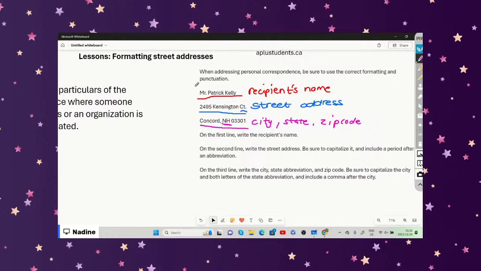Then on the second line, we need to write our street address. And our street address consists of the house number, like the number of the house, number of the apartment, and also the name of the street, for example, Kensington Street.